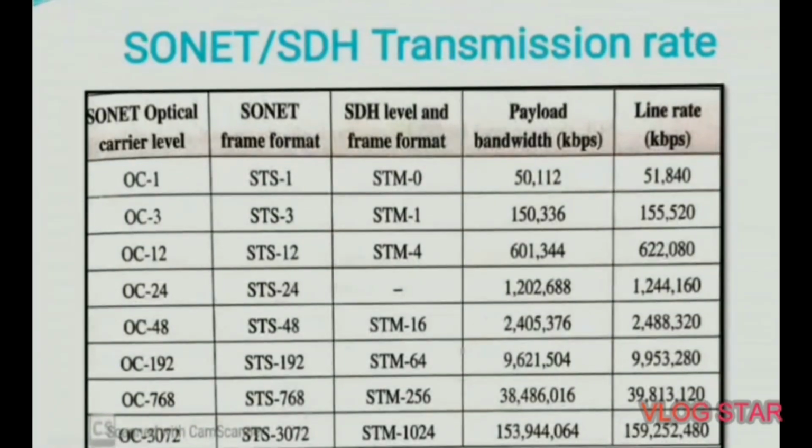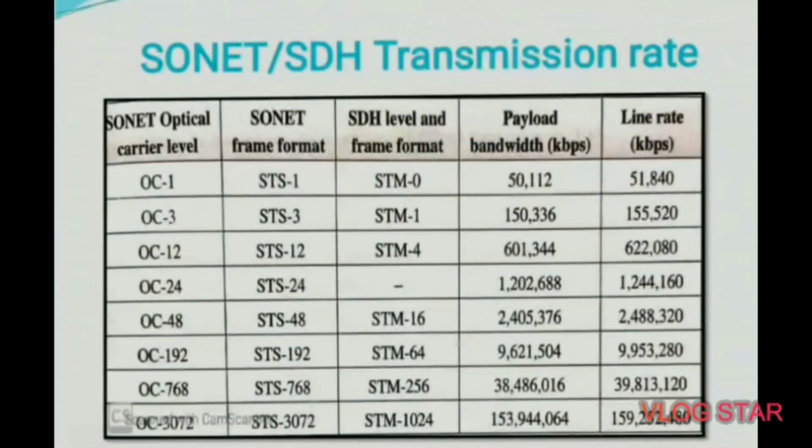So in this table we can see the transmission rate of SONET and SDH. At the base signaling level, called STS-1, SONET supports 51.84 megabits per second. The next level of SONET signaling, STS-3, supports triple the bandwidth, or 155.52 Mbps.